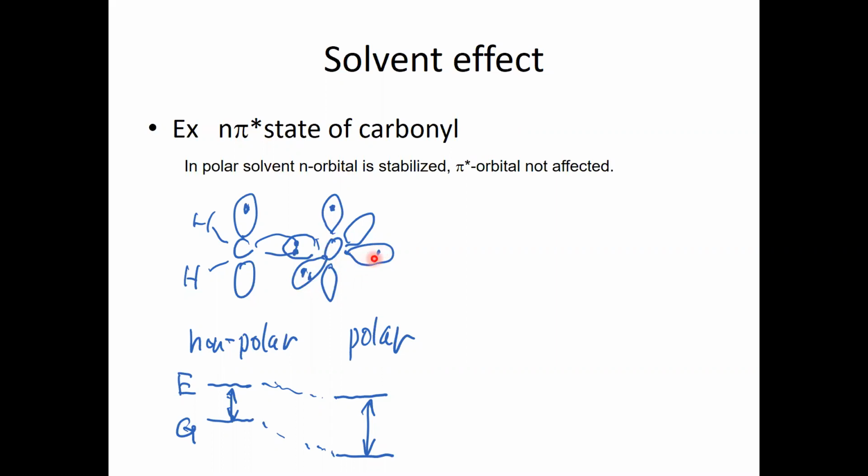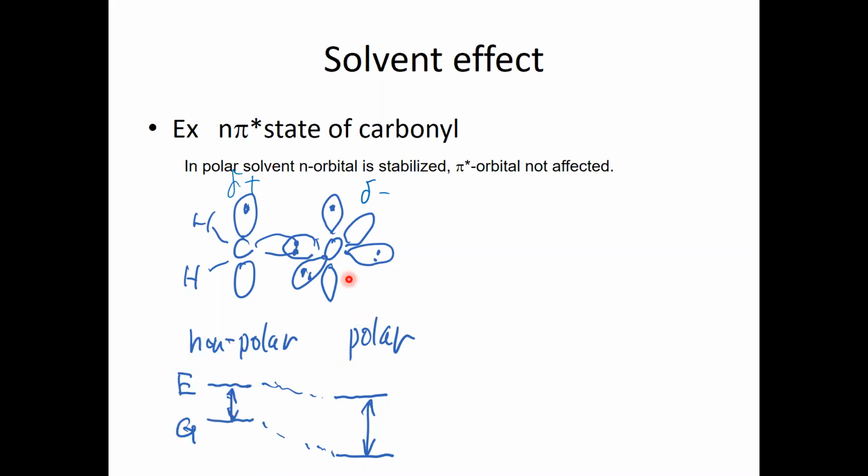So meaning that CO, carbonyl, as in the ground state, positively and negatively charged. So this ground state is more stabilized in a polar solvent.